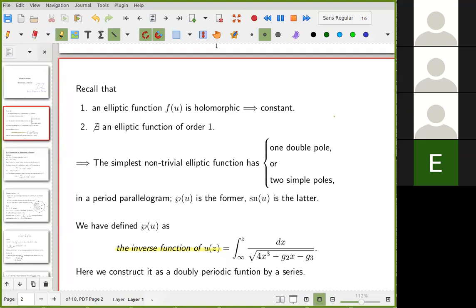It is possible because the Weierstrass P function is one of the simplest elliptic functions. What do I mean by simplest?